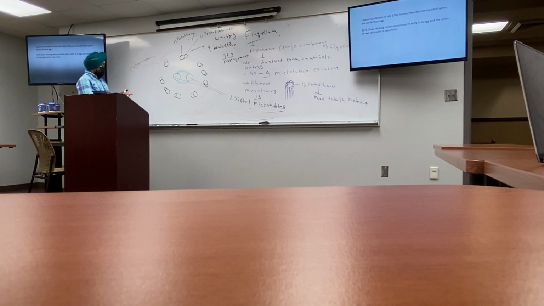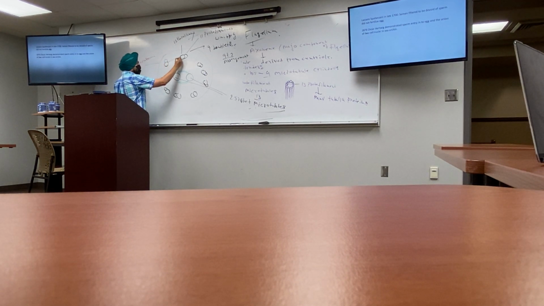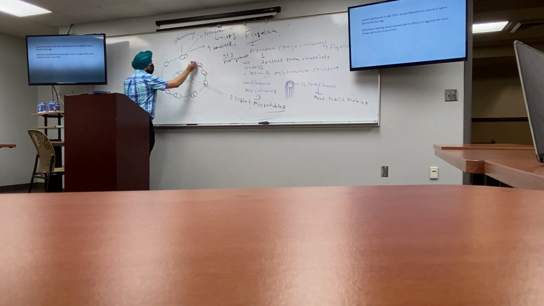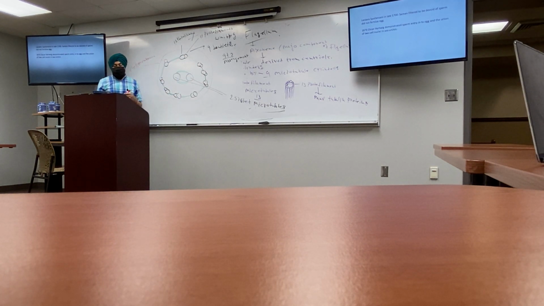Now these proteins which are there, they should not be floating here, they should be joined by another protein right here. So this protein which is joining here, this is called nexin. Then there is a protein which joins this outer to inner.